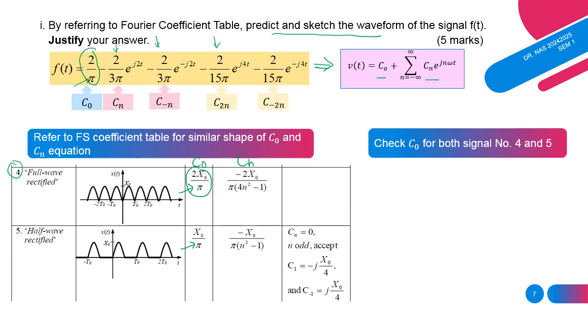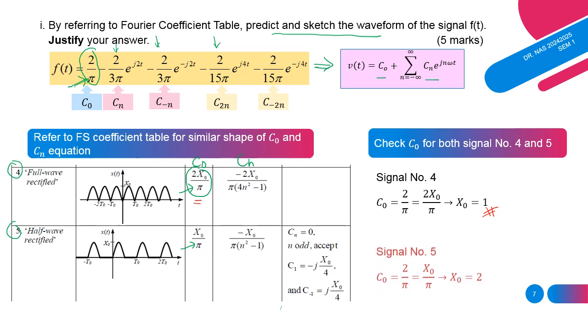So for signal number 4, C0 given from the equation is 2/π, compared to the equation from the table, 2x0/π. So from here, x0 equals 1.